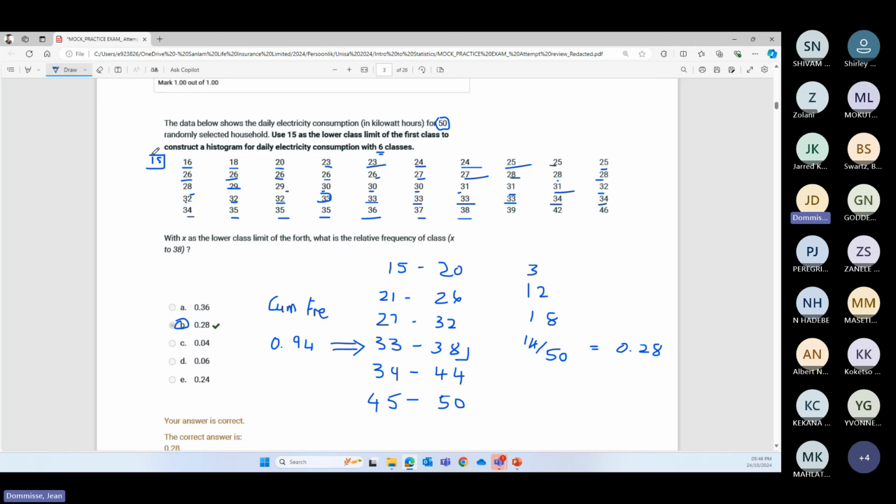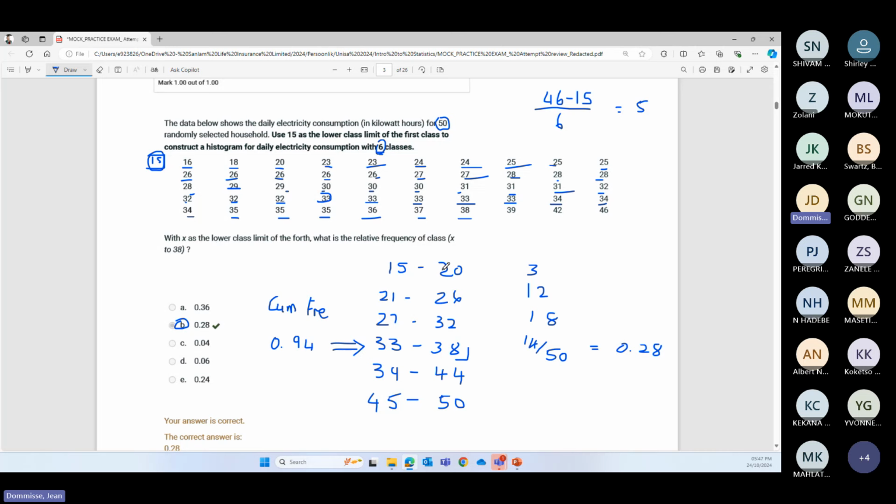So they give us the bottom one so that we can say 46 minus 15, and we need to divide by how many classes there are, which is 6. So 46 minus 15 divided by 6 is just more than 5. So we will then add 5 to the bottom.